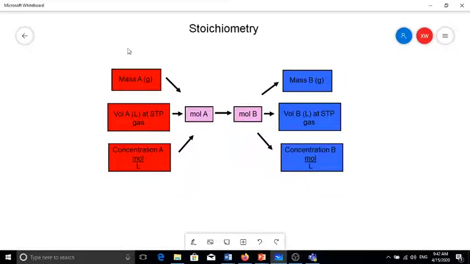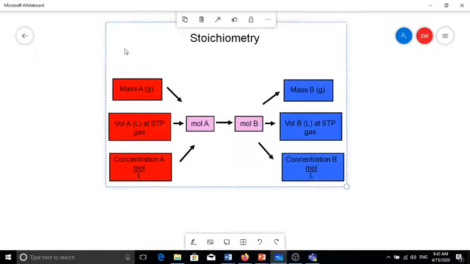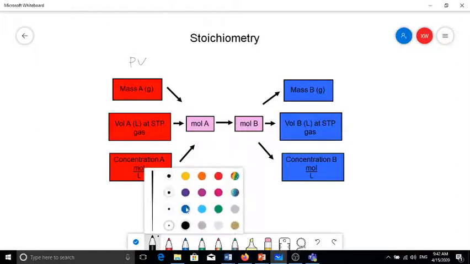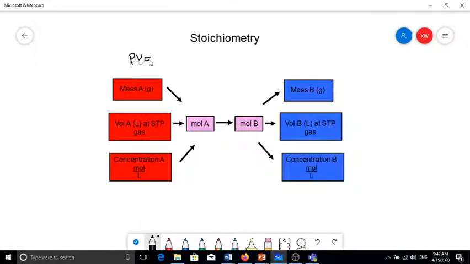Because if you think about this, we have a much more powerful tool here, which is PV equals nRT. Now here, n is the mole of the compound, either A or B, okay?